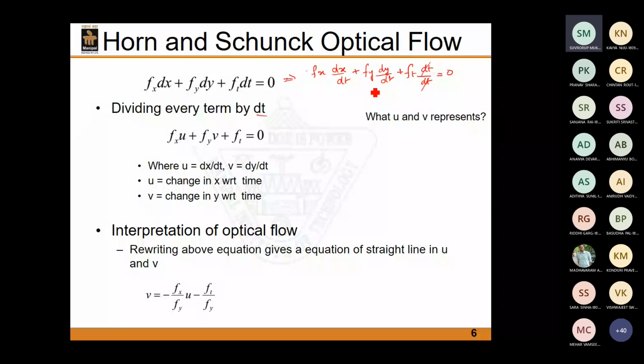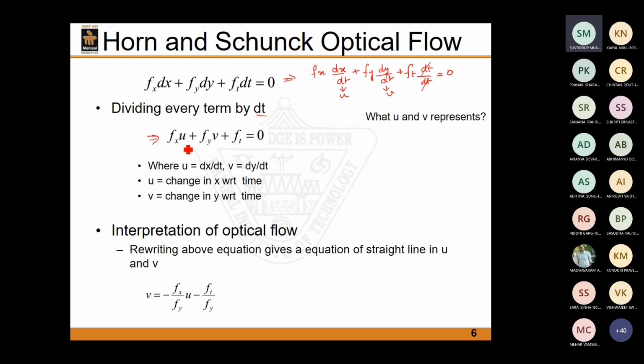So dt and dt get cancelled. Now dx by dt can be replaced by a variable u, and dy by dt can be replaced by a variable v. If I do that, I get the equation fx u plus fy v plus ft is equal to 0.